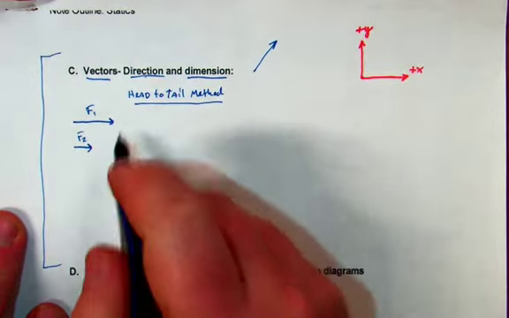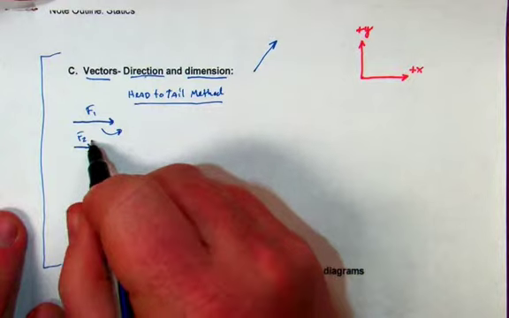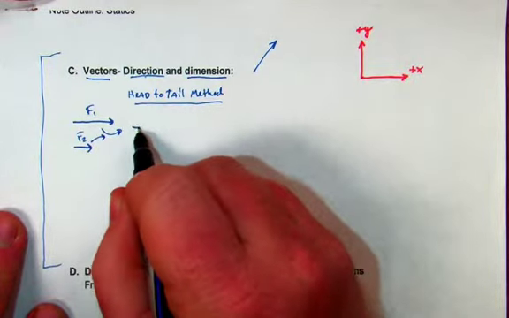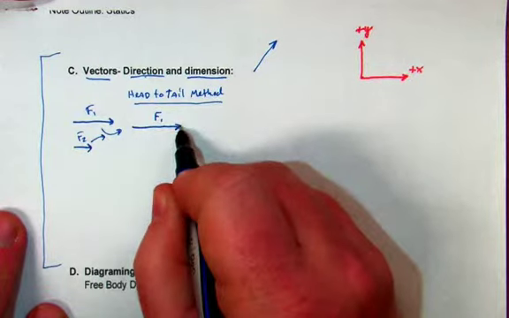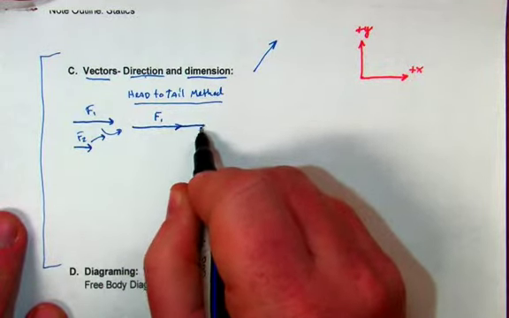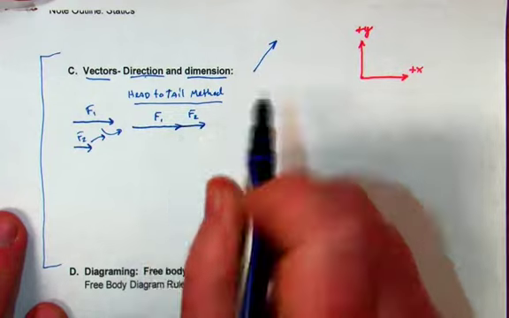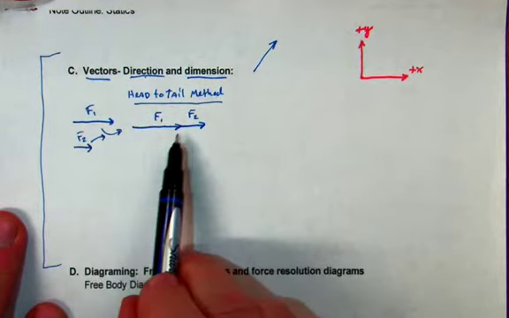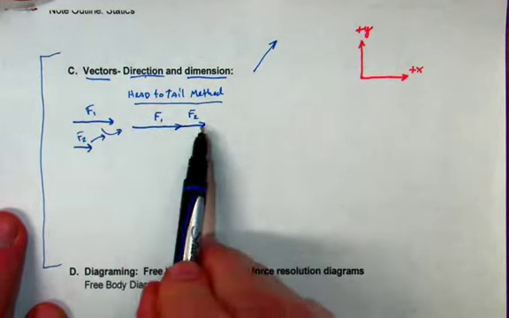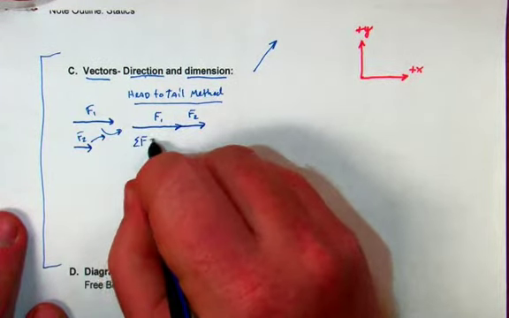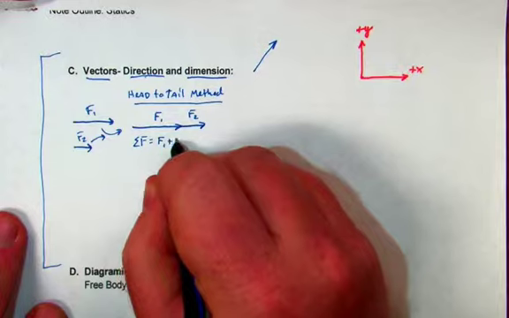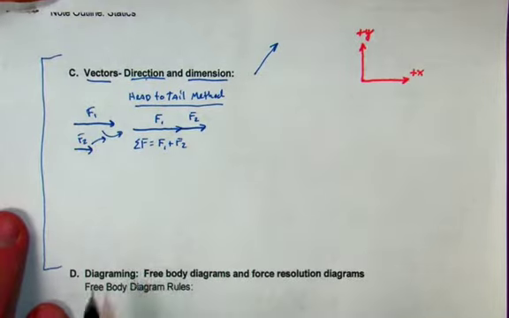And what you do is you simply move those arrows so that you put them head to tail, where you draw one, that's F1, and now you take the second one and you put its tail at its head, and you see that since they're in the same dimension, you would wind up with one long arrow. Okay? So in this case, the net force would be equal to F1 plus F2. Okay? Same dimension, it's nice and easy.